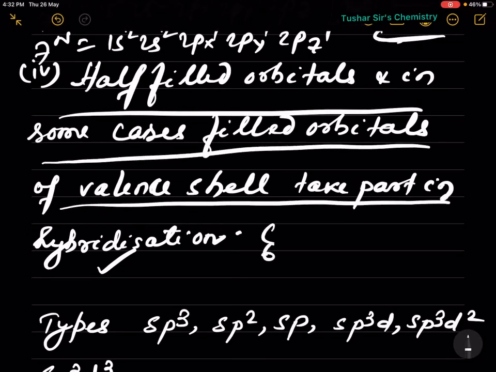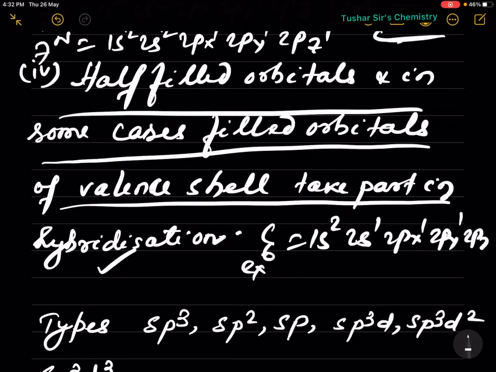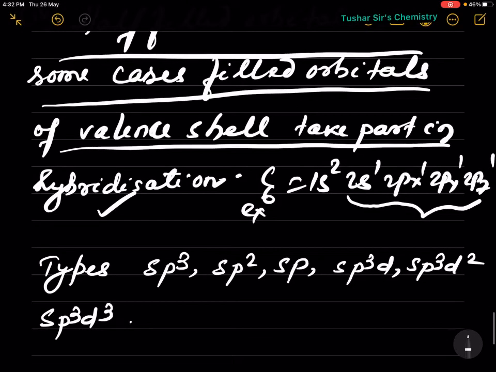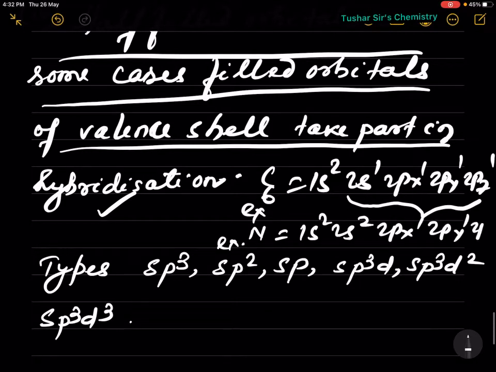In case of carbon, the excited state is 1s2, 2s1, 2px1, 2py1, 2pz1. Here all the orbitals are half-filled, they take part in hybridization, no problem. But in case of nitrogen, the excited state is 1s2, 2s2, 2px1, 2py1, 2pz1.